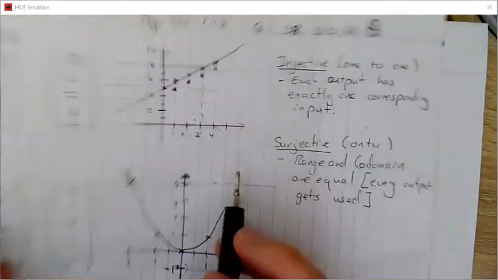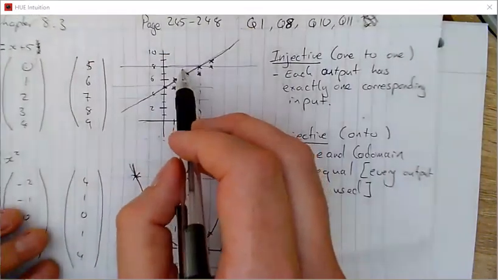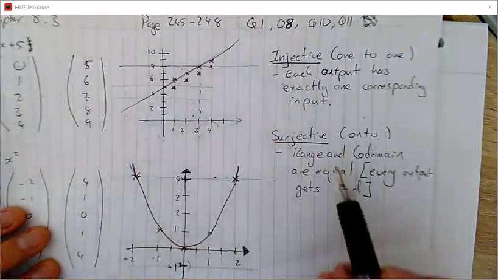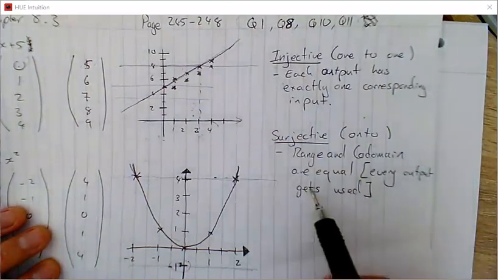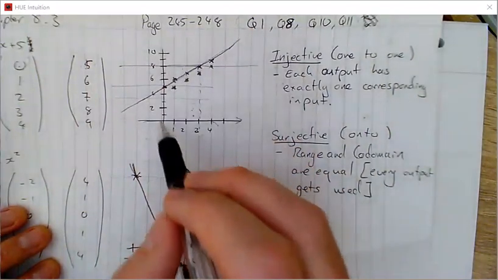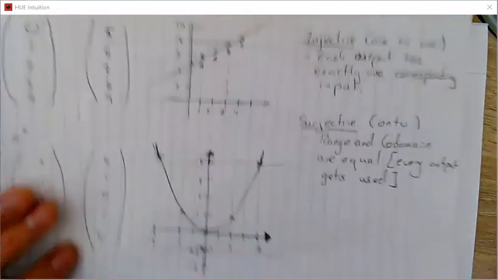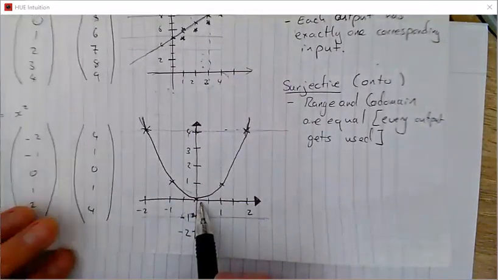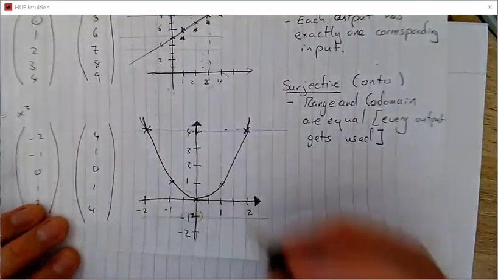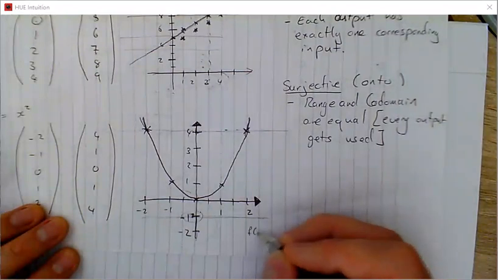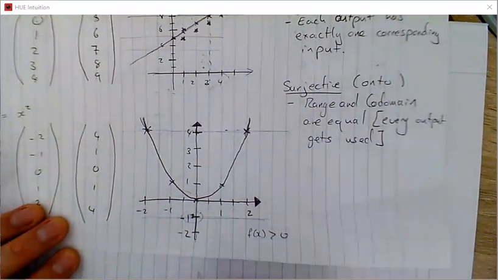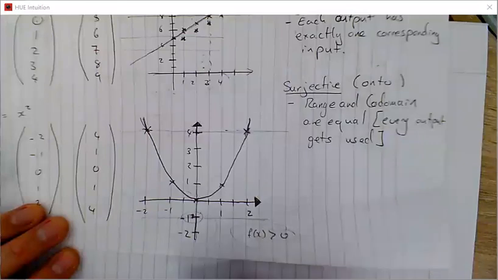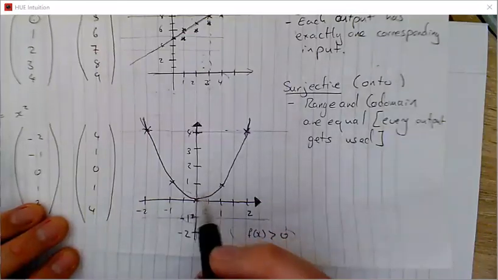So for this function up here, yes, it is surjective, because the range and the codomain are equal. In this case, they are from -4 to 4. If I want to make this function surjective, I could restrict my codomain and say f of x needs to be greater than 0, and then with that restriction, I'm changing it into a surjective function.